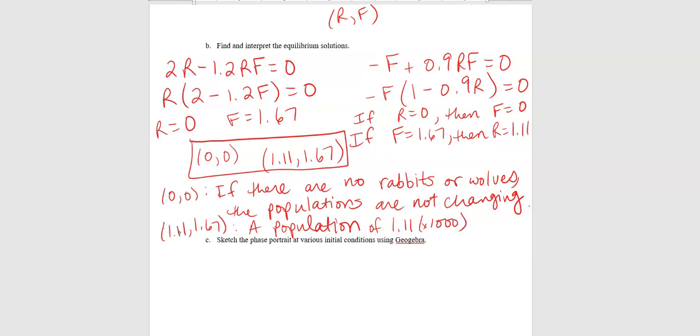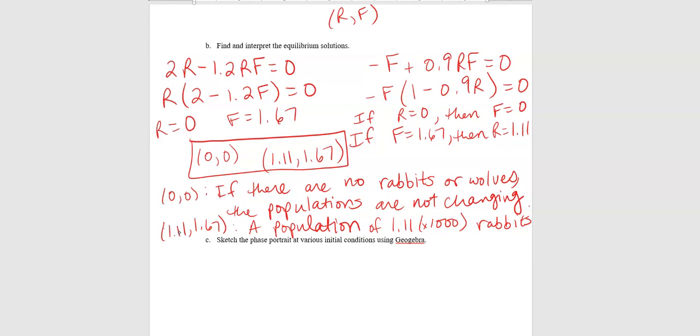These were in thousands, but whatever. A population of 1.11 rabbits will do what then? So if the population is 1.11 for the rabbits, that will maintain or sustain a population of wolves at 1.67. So in other words, the wolf population will be stable if we have a population of 1.11.